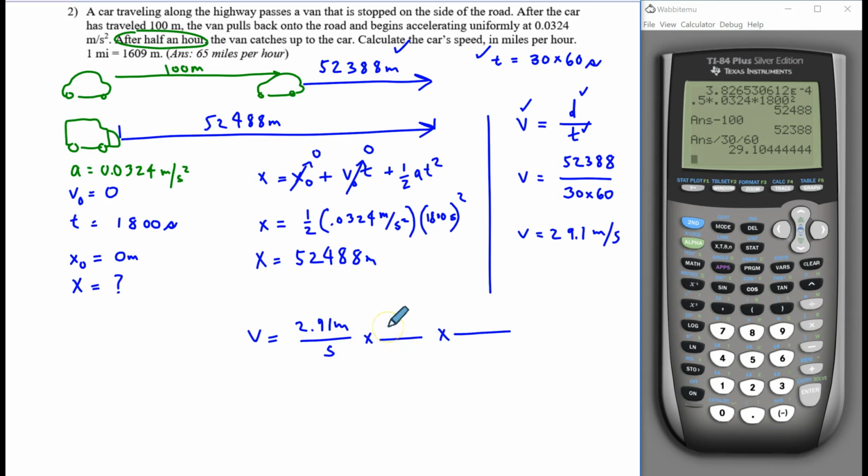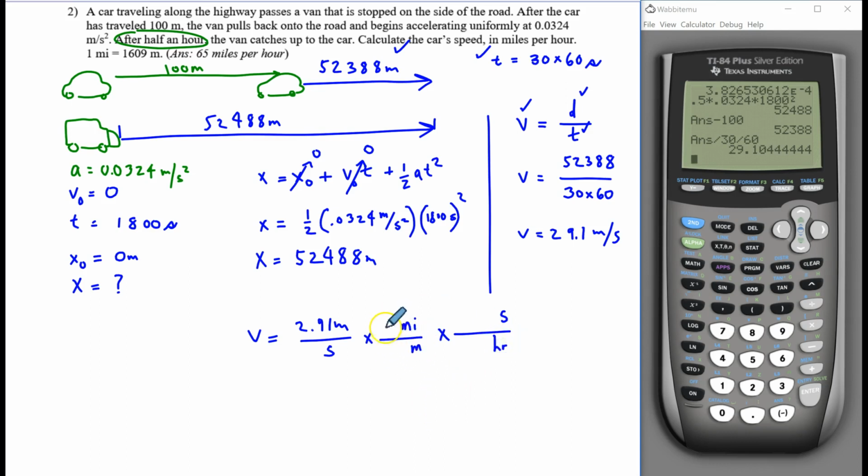Okay, so I know I'm going to have to cancel out meters, right? So that'll go on bottom. I know I'm going to have to cancel out seconds, so I need that to be opposite the seconds here in the denominator. So these seconds will cancel, those meters will cancel. I want to convert into miles, and the seconds I want to change into hours.